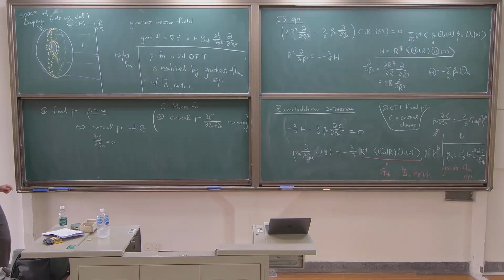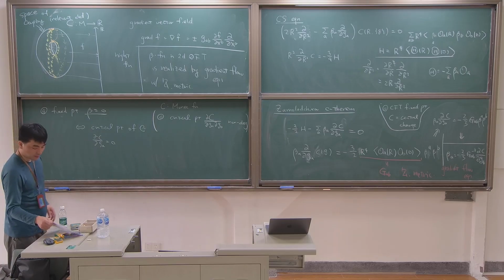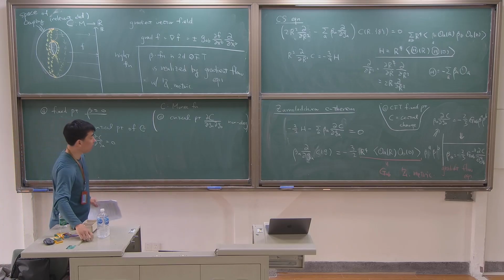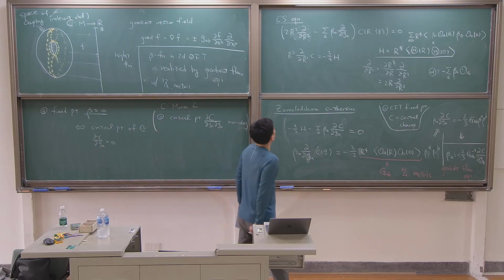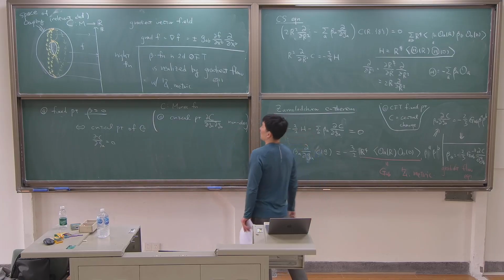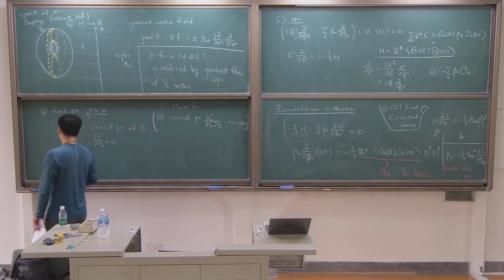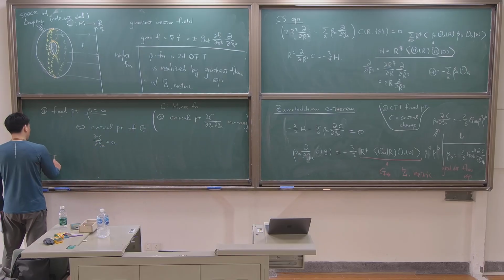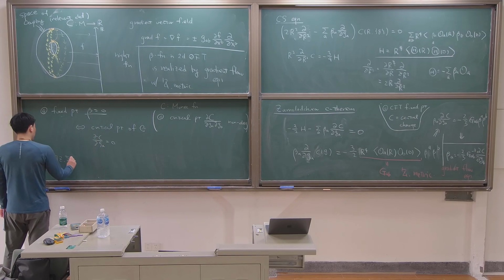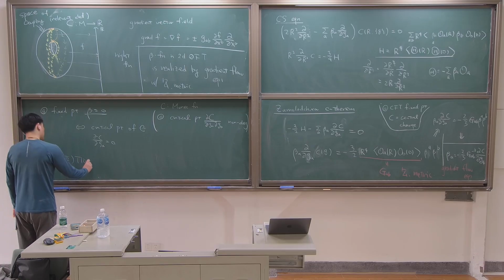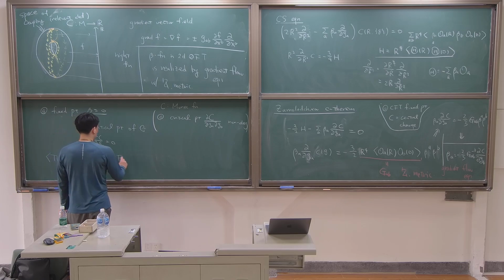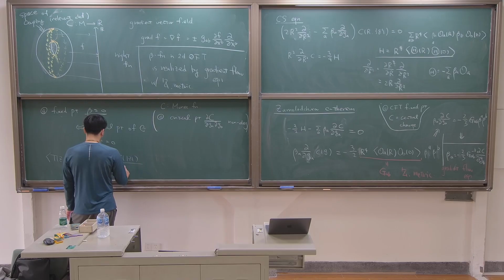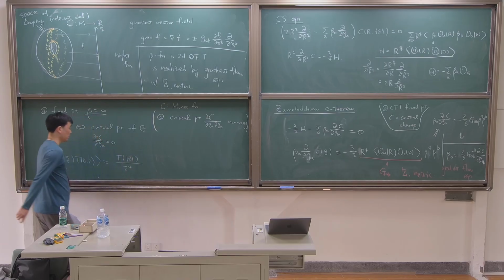For these, the critical point becomes a CFT. And furthermore, at this point, unfortunately, I already erased it. At the fixed point of C, here I define F like this way.